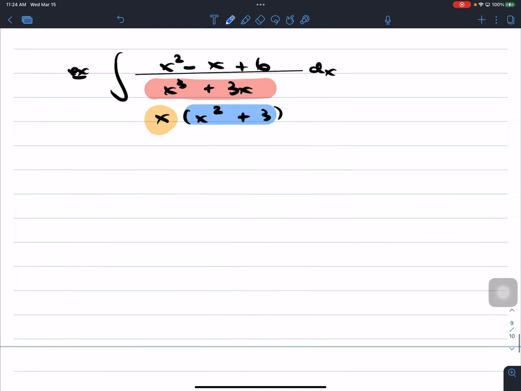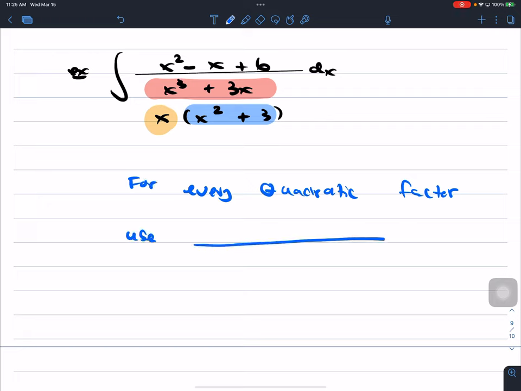So here's what you guys are going to use for every quadratic factor. You're going to use something over the quadratic factor, ax squared plus bx plus c.